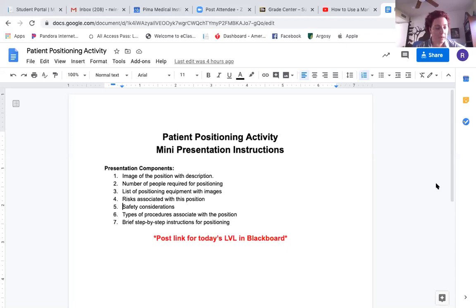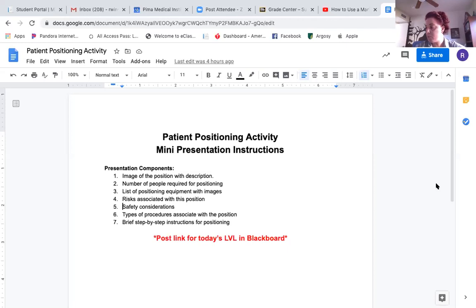So if we were doing lithotomy, let's say, which we're not today, but if we were, then some procedures that could be completed in the lithotomy position would be hemorrhoidectomy, D&C, vaginal hysterectomy, those kinds of things. It doesn't have to be a comprehensive list, but list some procedures and then brief, step-by-step instructions for the positioning.